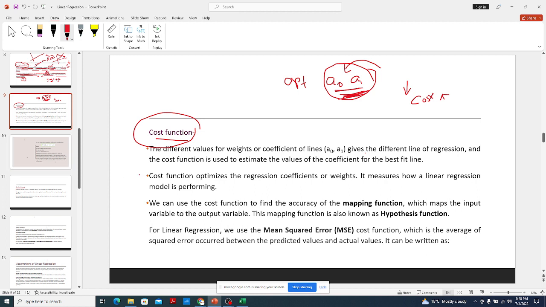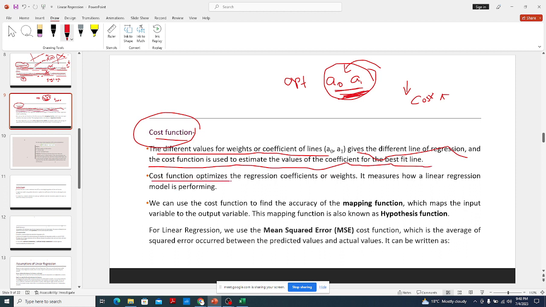Different values of weights or coefficients give different linear regressions, and the cost function is used to estimate the values of the coefficients of the best fit line.